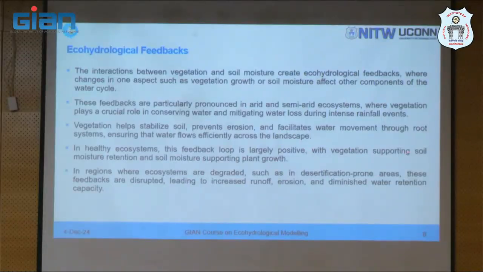That is, vegetation supporting soil moisture retention and soil moisture supporting plant growth. Whereas, when the ecosystems are degraded because of natural factors or anthropogenic factors, such as in desertification prone areas, these feedbacks are disrupted, leading to increased runoff, erosion and diminished water retention capacity.